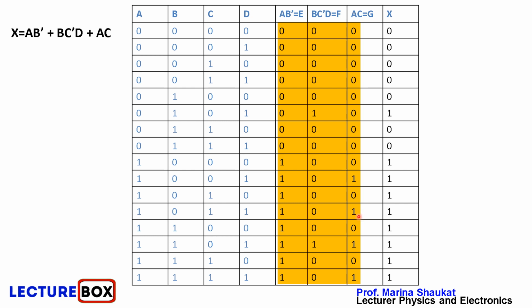Let's see this, AC, A is 1, C is 1, so the answer is 1. And this one is the sum of E, F, G. 0 plus 0 plus 0 gives me 0. 0 plus 1 plus 0 gives me 1. 1 plus 0 plus 1 gives me 1. 1, 1, 1 is giving me 1.